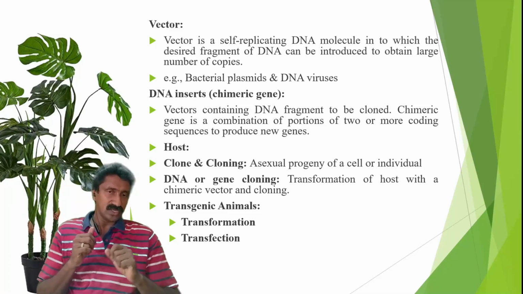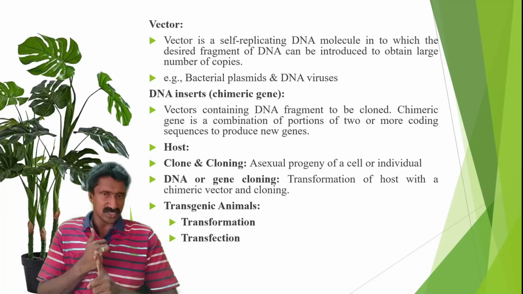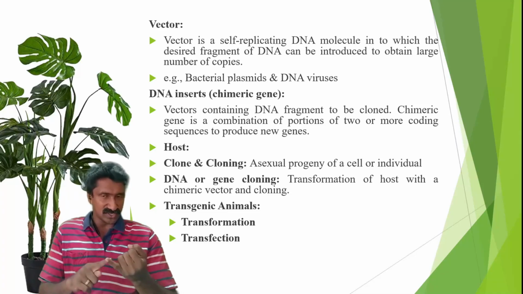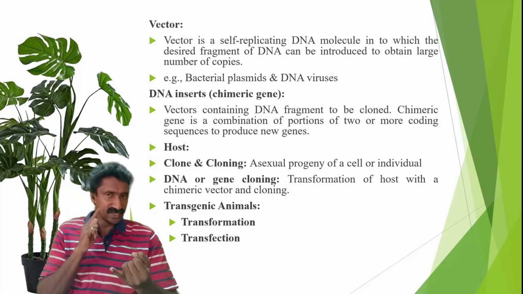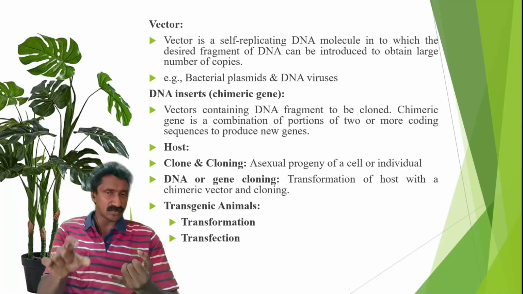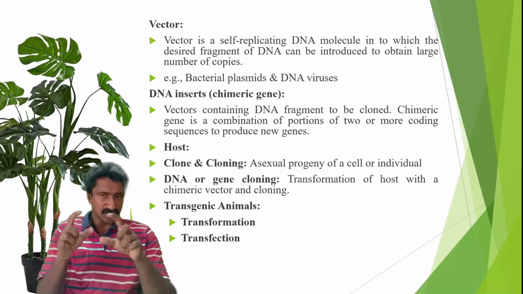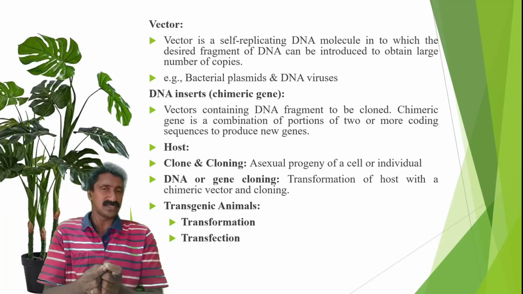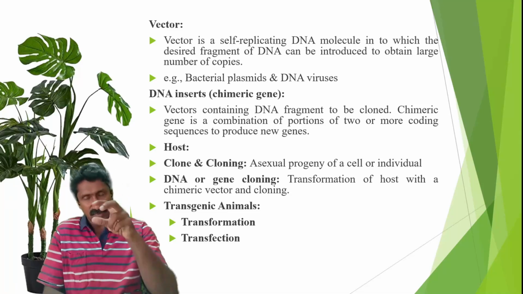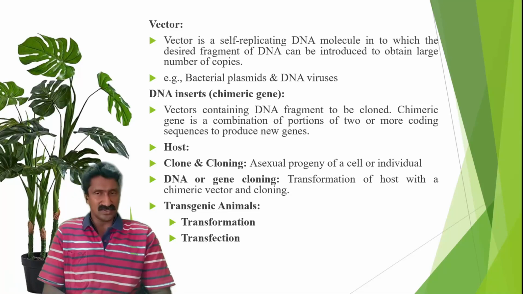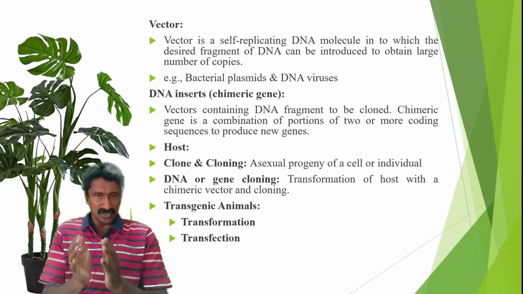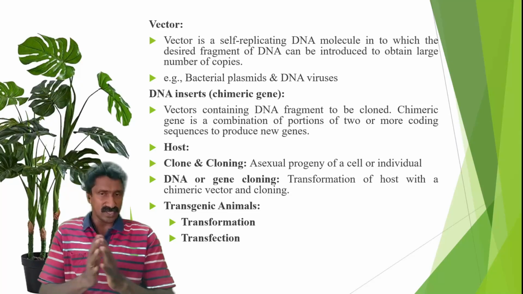So gene cloning includes transformation of the host cell with the chimeric vector. That means, first of all, you have to produce a chimeric vector. Chimeric vector is the plasmid or another virus which is incorporated with your target gene. Once the plasmid is incorporated with the target gene to be expressed, then that will be inserted into the host cell, like E. coli. So the E. coli is now transformed with the chimeric gene.